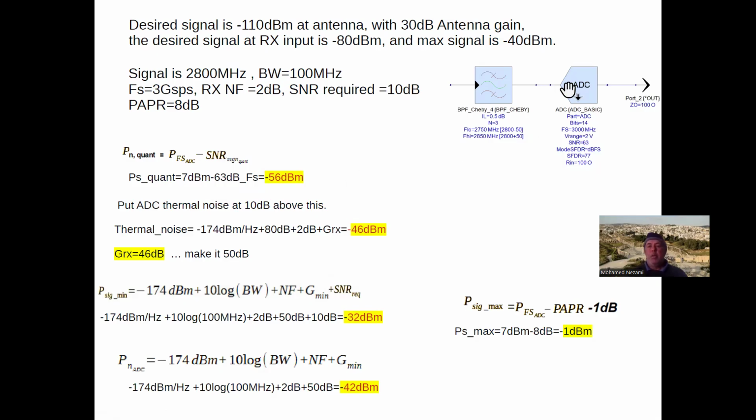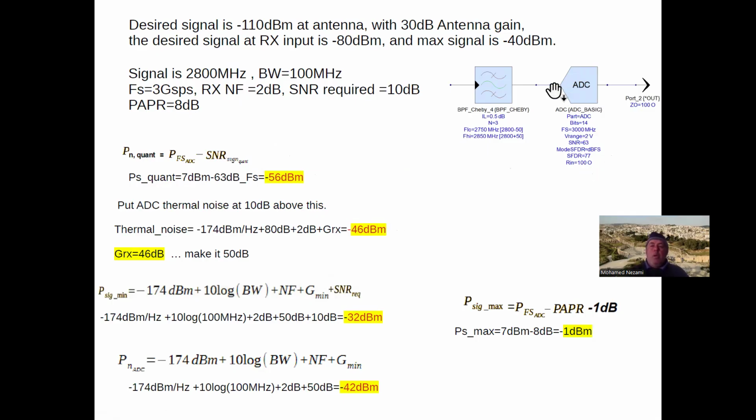That's the full scale of the ADC. Now, below that full scale by the SNR, which in this case is 63 dB, that would be my noise floor of the ADC. So minus 56 dBm is where I'm at the noise floor of this.